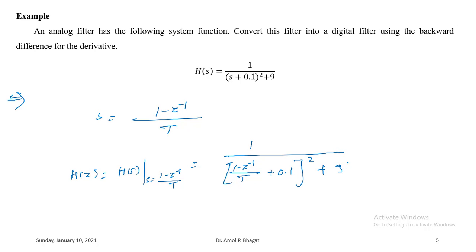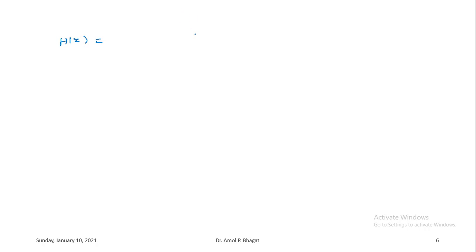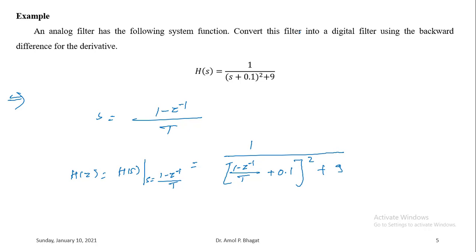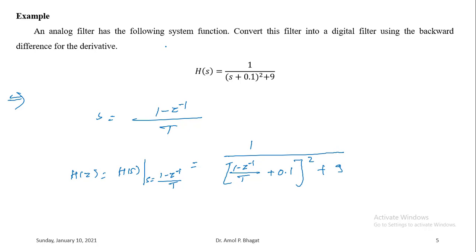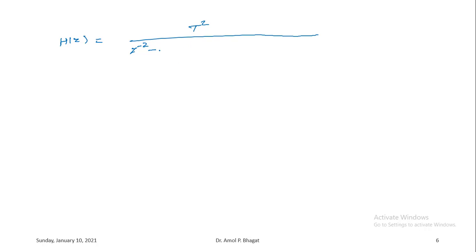So if I'm trying to solve this equation, I can write H(z) equals T^2 all upon, z^-2 will be there. So it will be z^-2 minus, this 1 - z^-1 will be there, this 0.1T will be there, in multiplication of z^-1. So I'll just write down the simplified equation here.